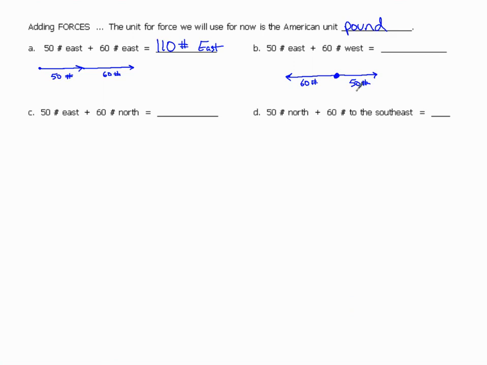In this case, the resultant vector is 10 pounds to the west. Looking at this one, a good way to think of this is a game of tug of war. We have 60 pounds pulling to the west, 50 pounds pulling to the east. Which one wins? It's the one that pulls harder.